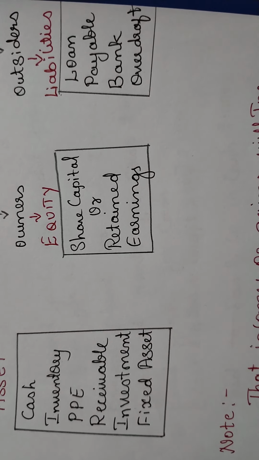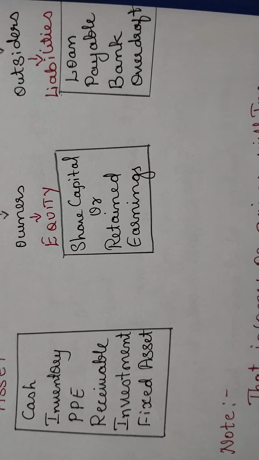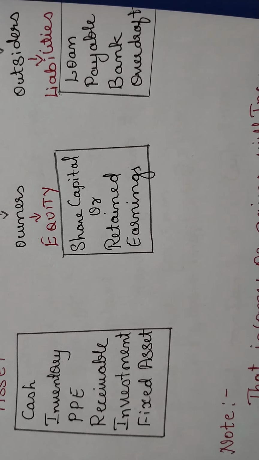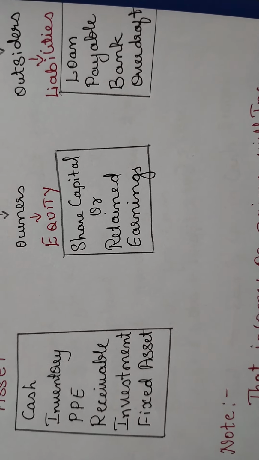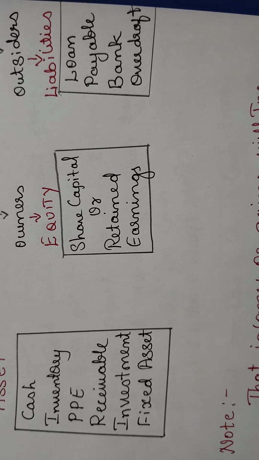The ground floor and the second floor you have given for rent. You are receiving some rent from the office building. It will increase your equity, right? Because whatever income you have received, you are adding to your capital, so it increases.